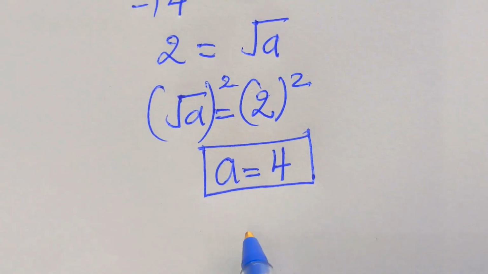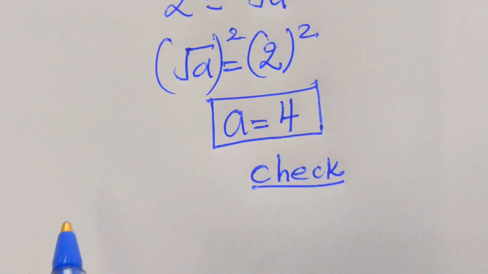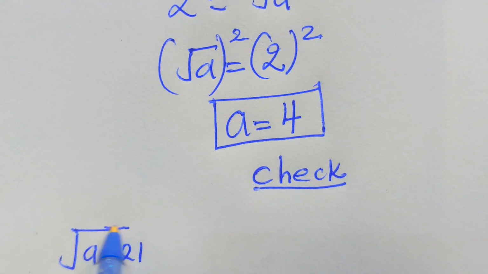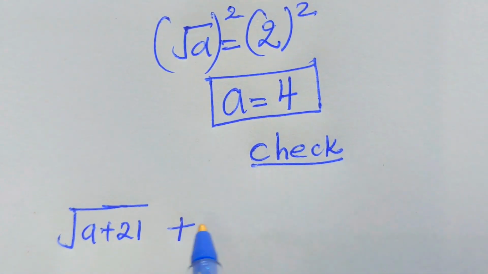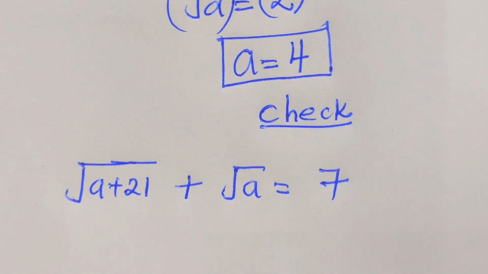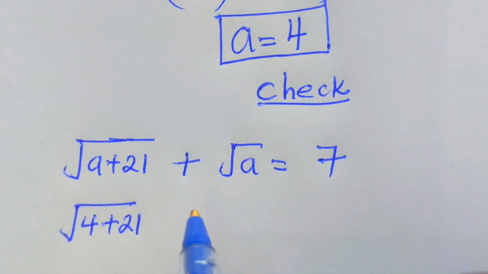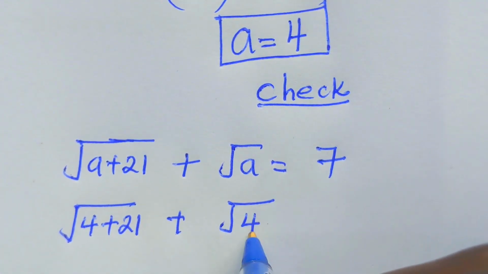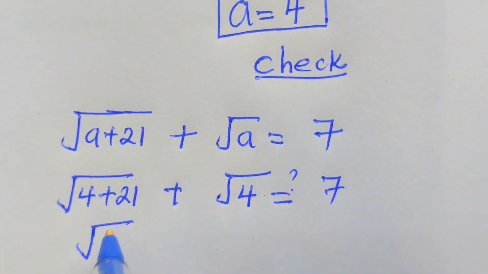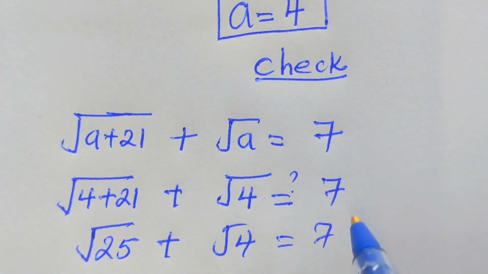Now I have to check if the answer is correct, so I write the given question: the square root of a plus 21 plus the square root of a equals 7. With a equal to 4 we have the square root of 4 plus 21 plus the square root of 4 equals 7? This becomes the square root of 25 plus the square root of 4 equals 7.